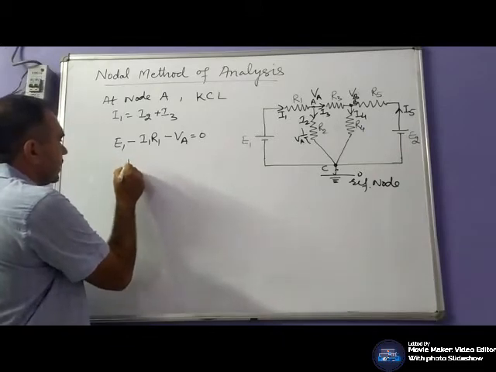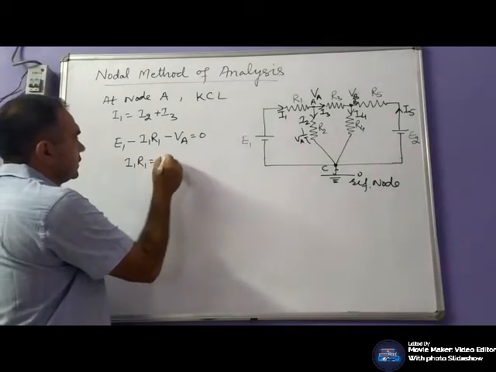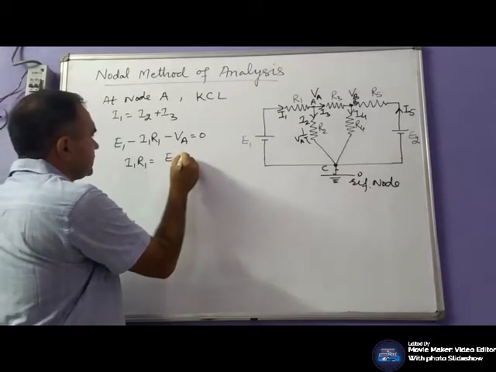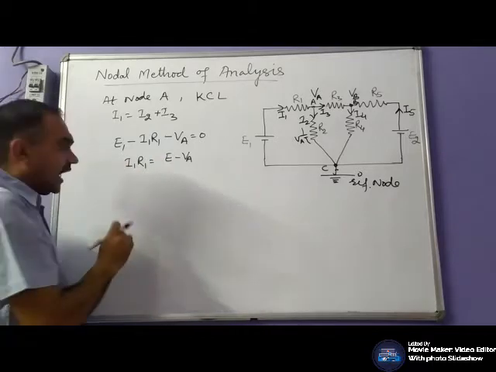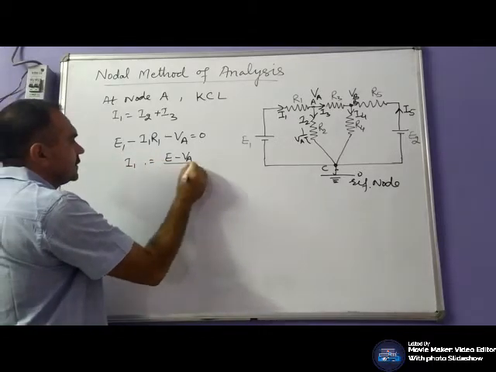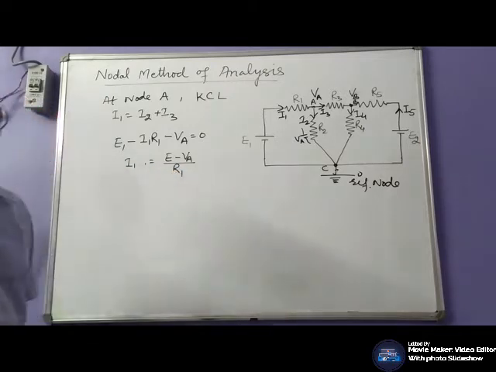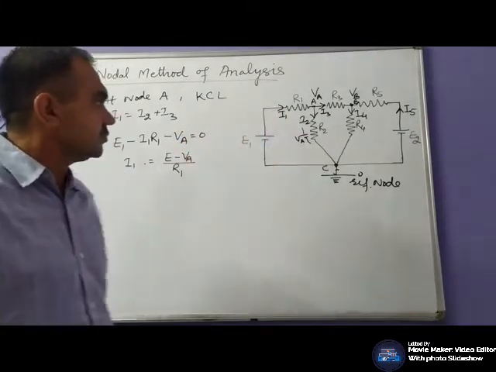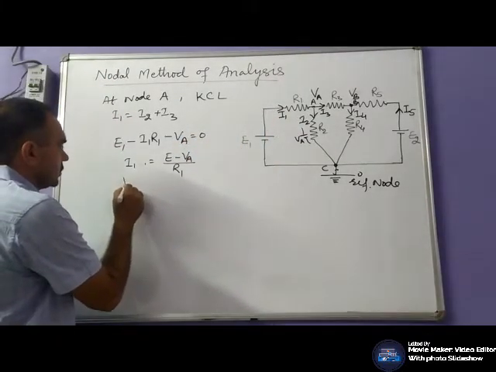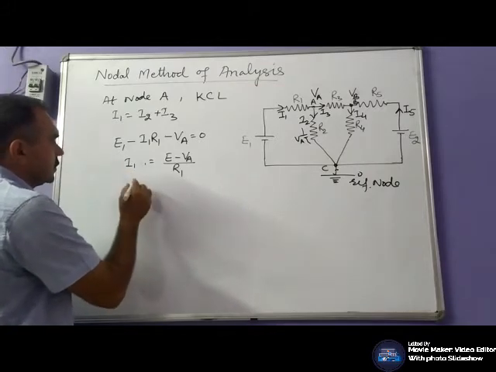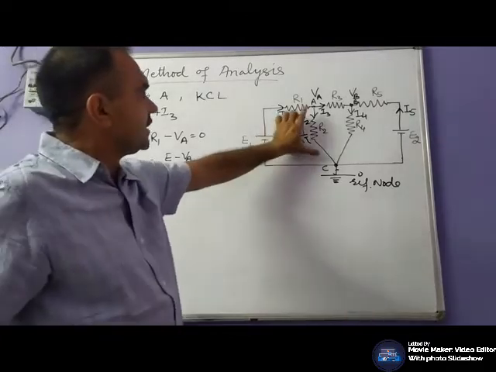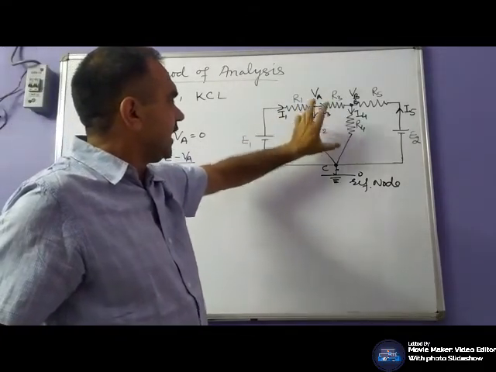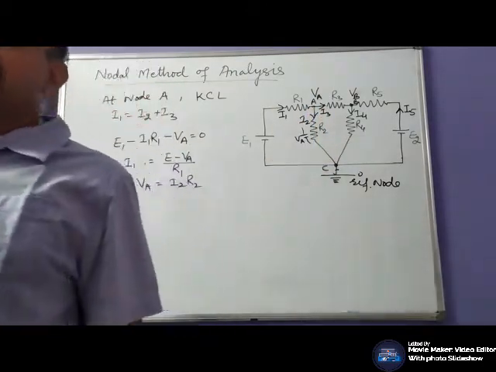Or what is I1? I1 is (E1 minus VA) by R1. What is I2? VA is equal to I2 R2. This is what we represented: the potential between points A and C is VA.